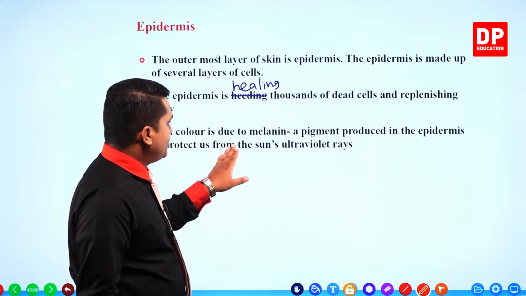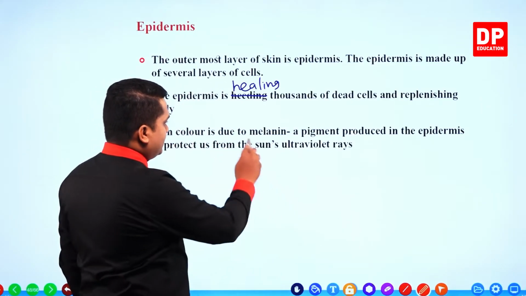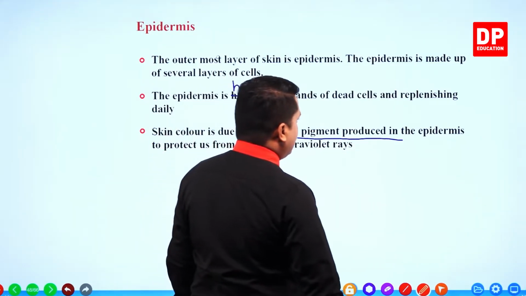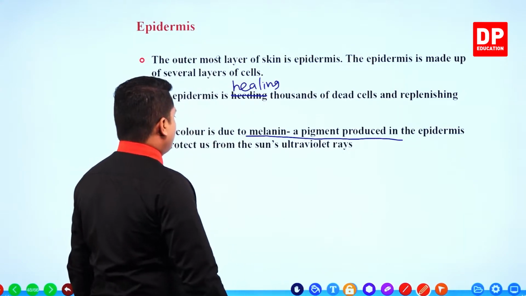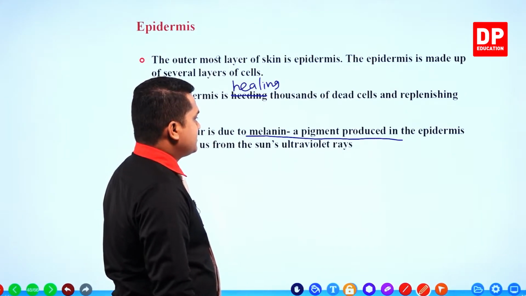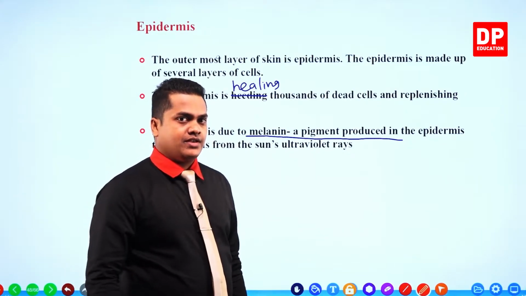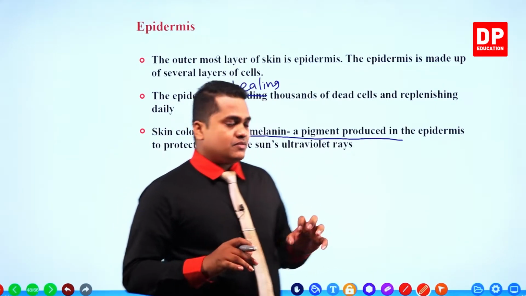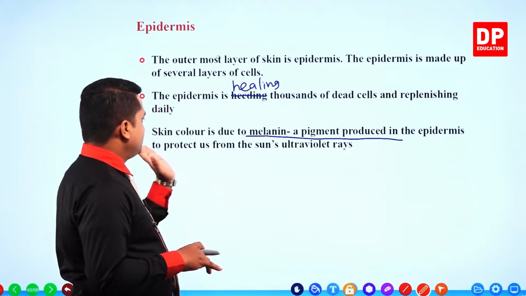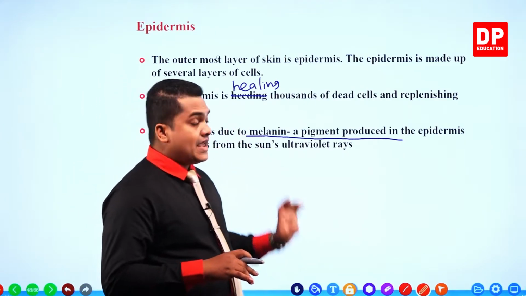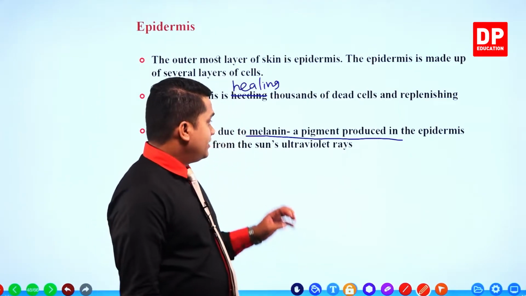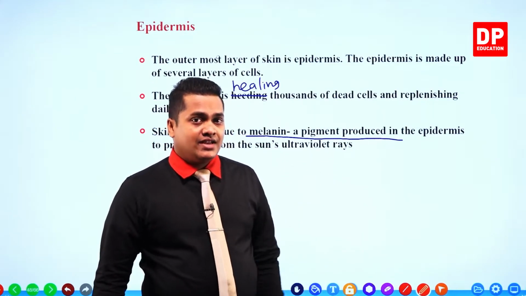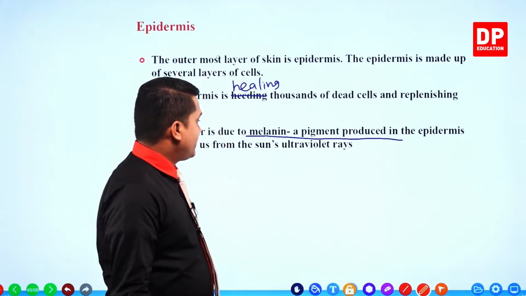Skin color is due to melanin, a pigment produced in the epidermis to protect us from the sun's ultraviolet rays. So in our epidermis, my dear children, skin color is due to a pigment called melanin, which is contained in the epidermis, right.